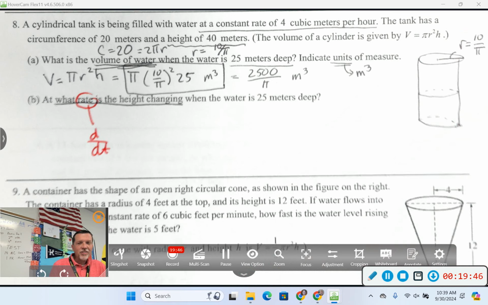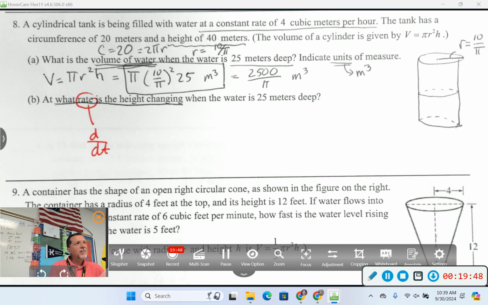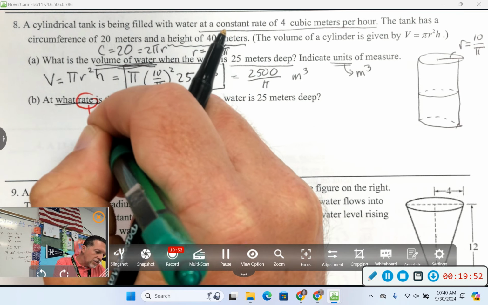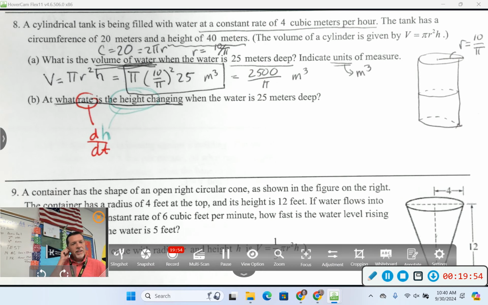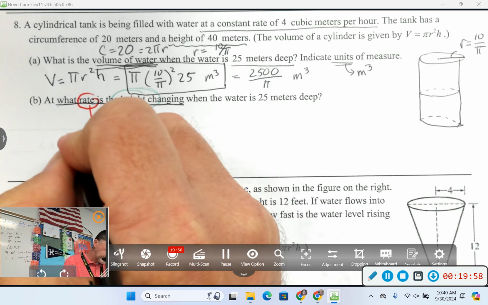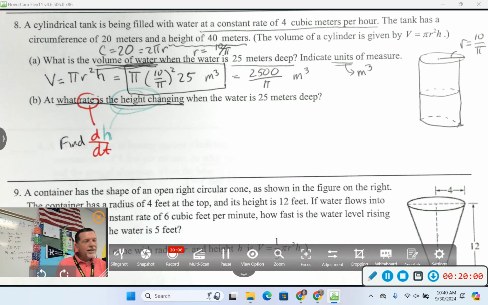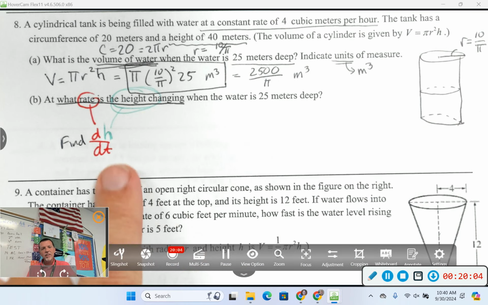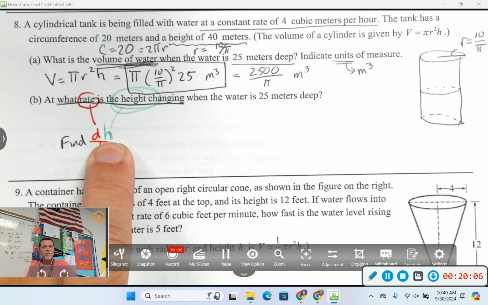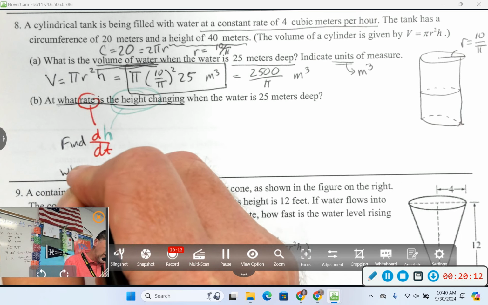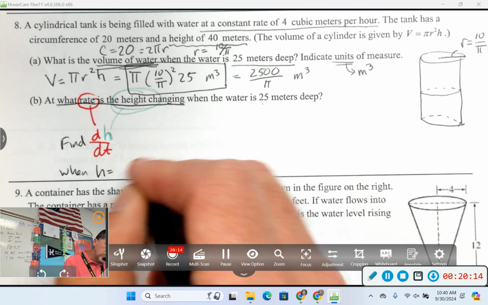I mean, lots of things are changing, but what's it asking me for? The height. So this is asking me for dh dt. So again, rate means you got a d dt, and then whatever's changing is the top right variable. That's not very mathy to say it that way, but dh dt, when h equals 25.